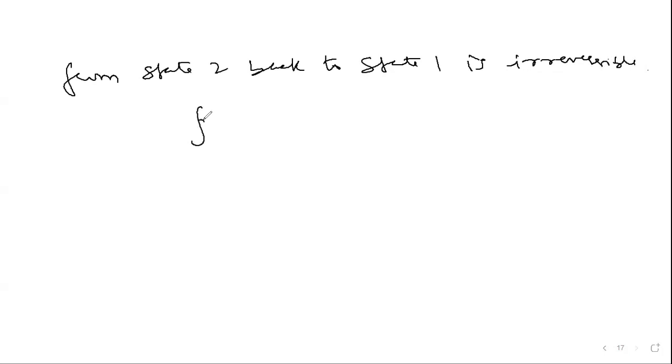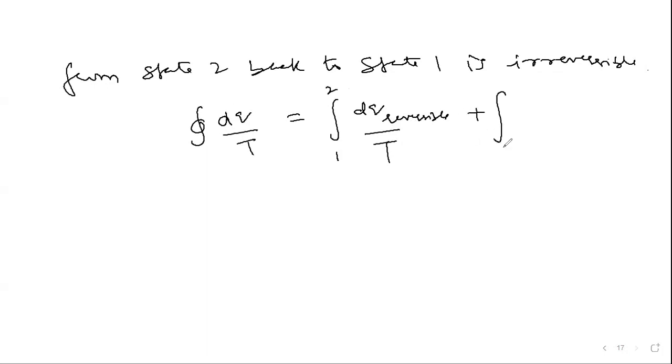Therefore, we can write the closed integral dq by T and break it into two parts. We are going to state 1 to 2 first. That is reversible. So I write dq reversible over T, plus we come back to complete the cycle, 2 to 1.